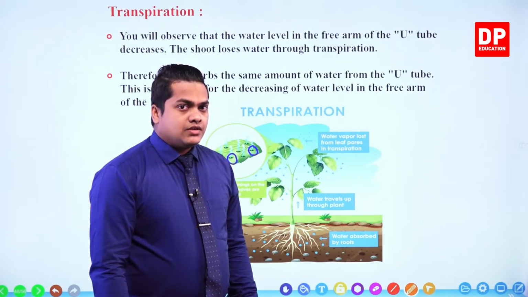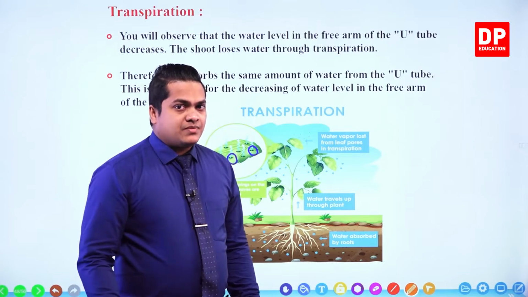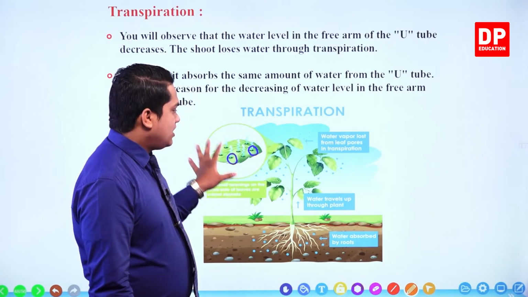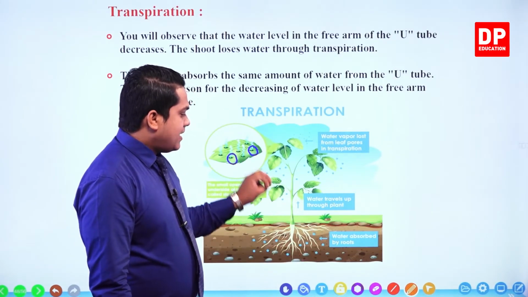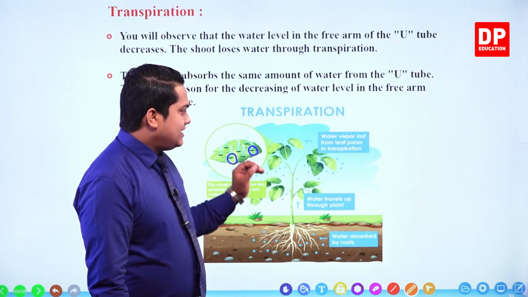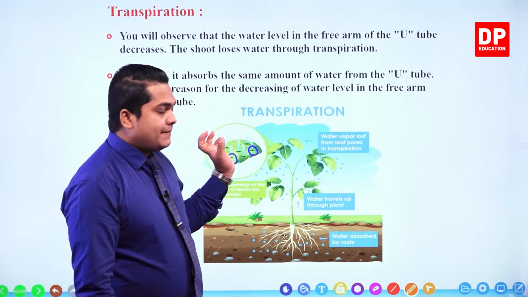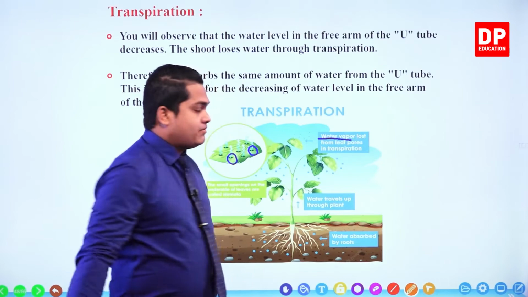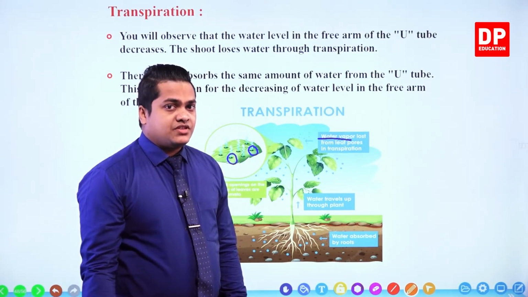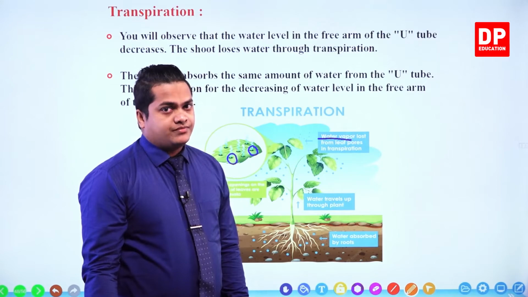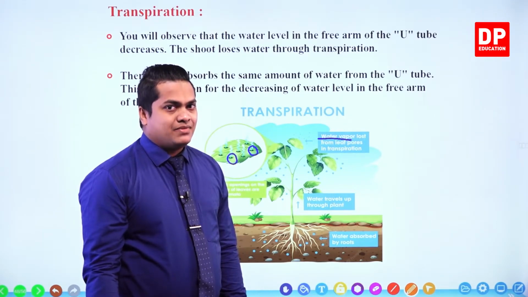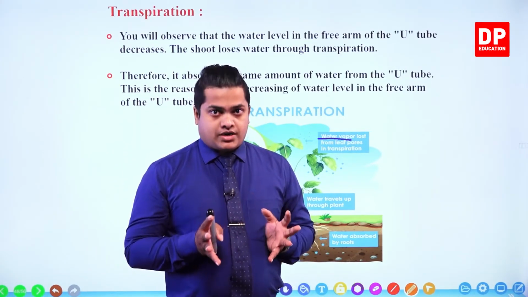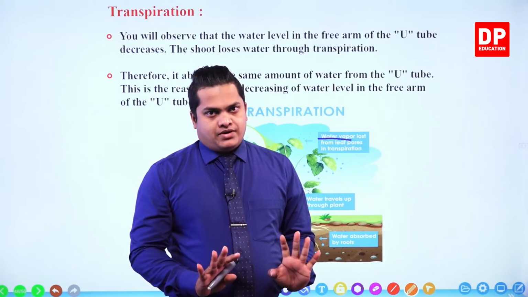So what do we mean by transpiration, my dear children? It's really simple. Through these pores, referred to as stomatal pores, water which is absorbed by the root hairs of the plant is expelled to the environment once again in the form of vapor. In the form of water vapor, remember. This is the process referred to as transpiration. So remember always, transpiration happens through stomata in the form of water vapor.